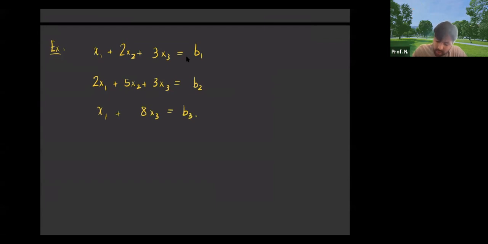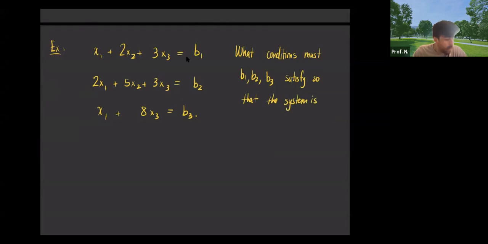So the question usually is this: what conditions must B1, B2, B3 satisfy so that the system is consistent?